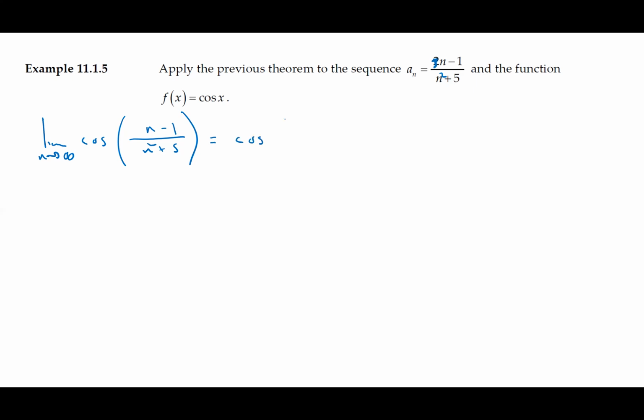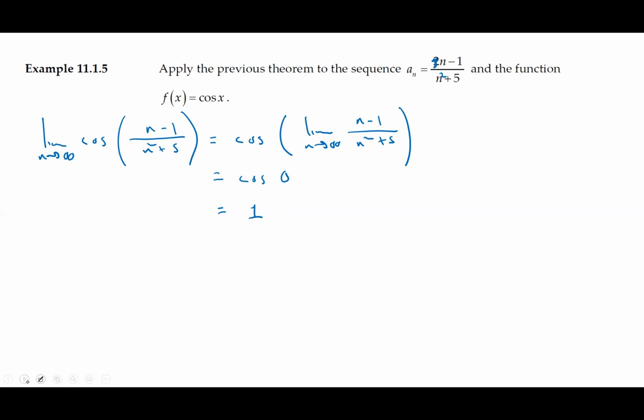And so we can call this cosine of the limit as n approaches infinity of n minus 1 over n squared plus 5. Now, from dominant term analysis, we know that that limit is 0. What's cosine of 0? Well, 1. So there we go.